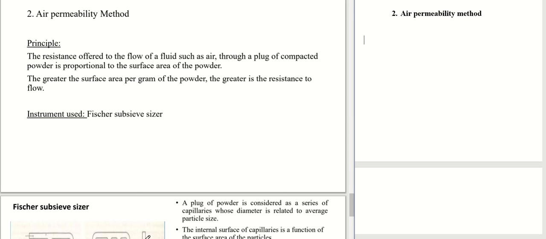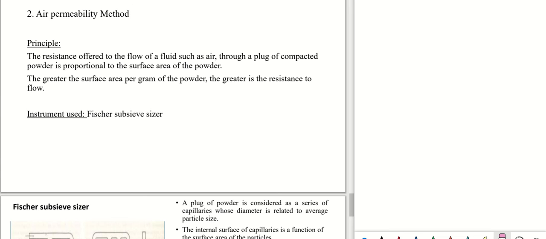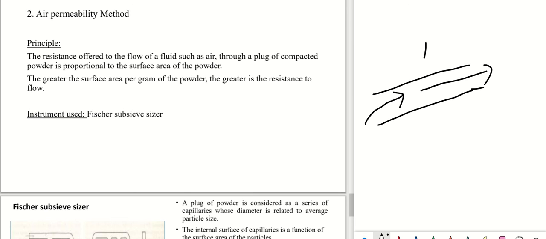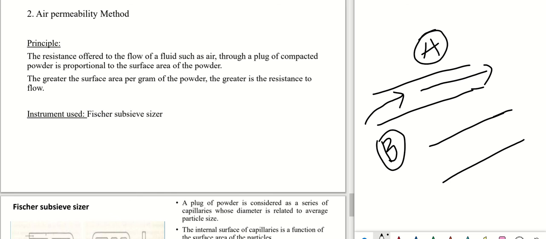Here, let's see how this works. The basic principle. Suppose this is a tube. If we let air travel inside the tube, it can freely travel. This is case A. Now, let's consider another case B. Take a pipe and put some powder plug inside this tube and let the air flow.